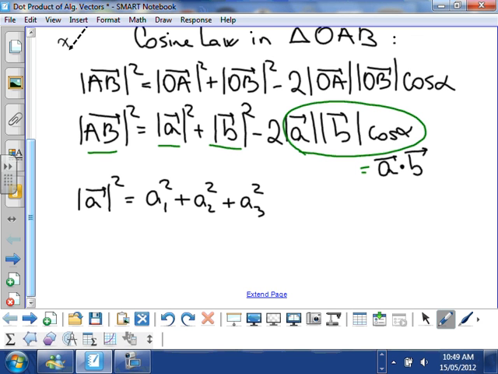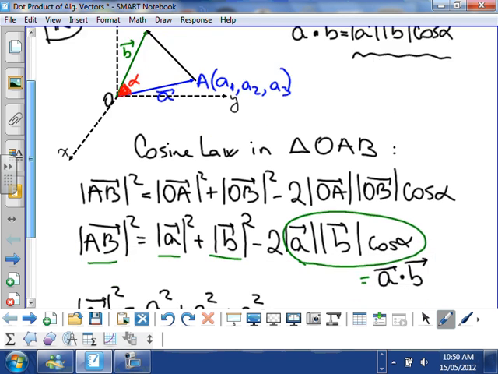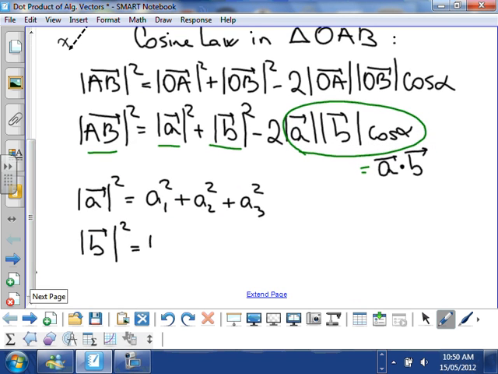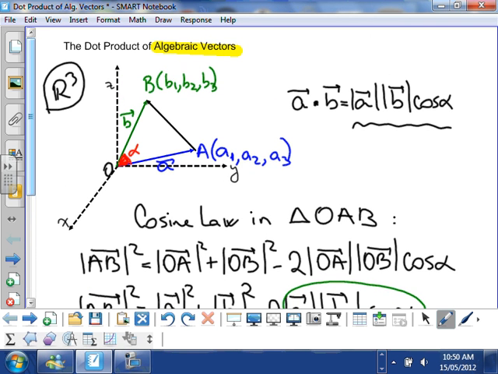Absolutely identical, I can get that magnitude of B squared. Again, go to the diagram. OB is a position vector, apply Pythagorean, and the magnitude squared of that vector will be B1 squared plus B2 squared plus B3 squared. Good. So life is good. Now, I have a little bit of a problem with vector AB.